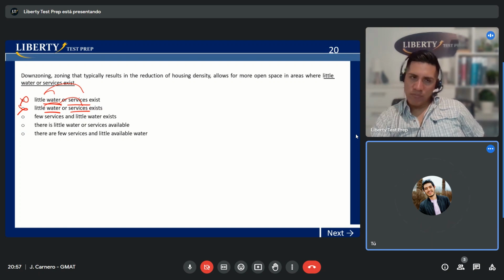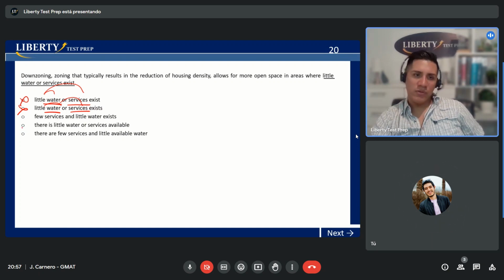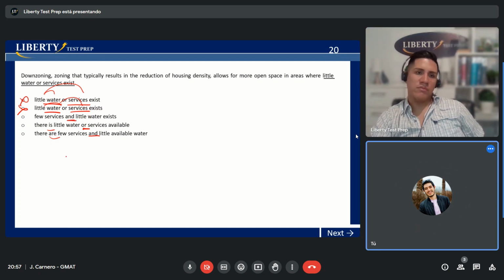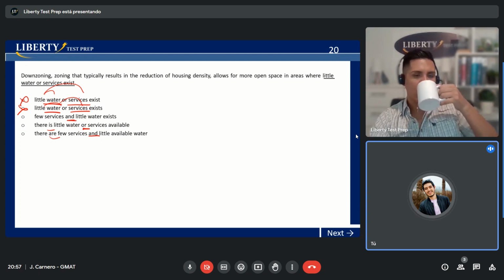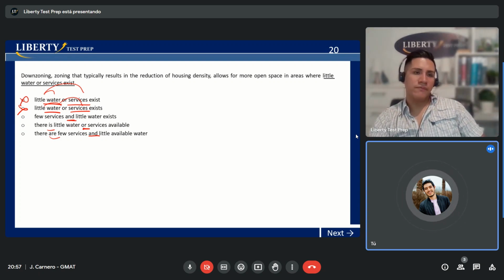Okay, it doesn't matter too much. What we want to do is this R and S. Yeah, I mean, it could have an impact in there, right? It's not a big difference in meaning. Different meaning. Okay, that's another thing, but that's fine. There is little water, and there are few services.